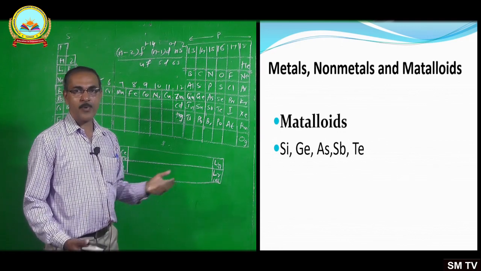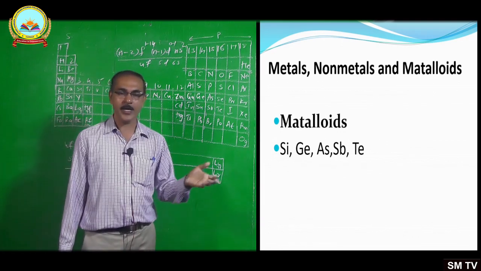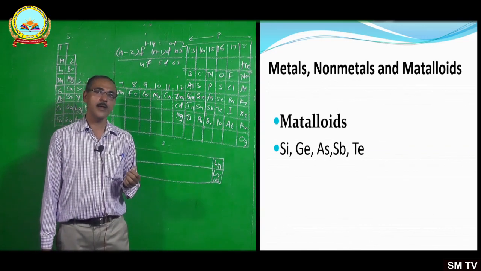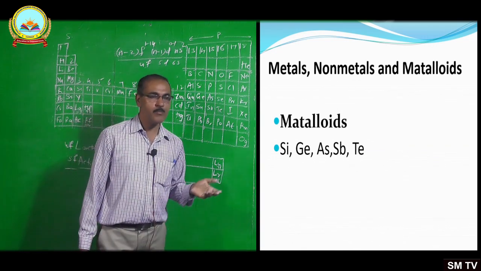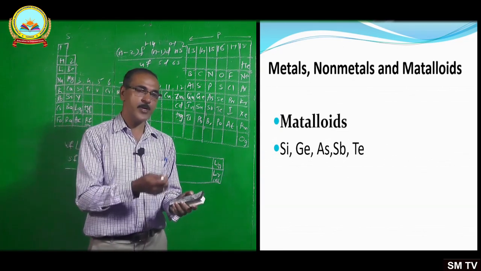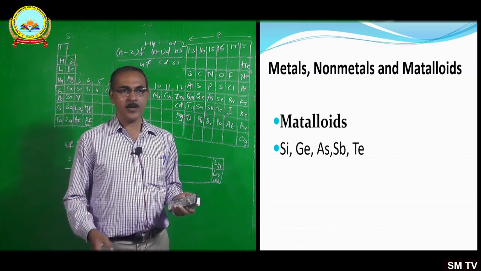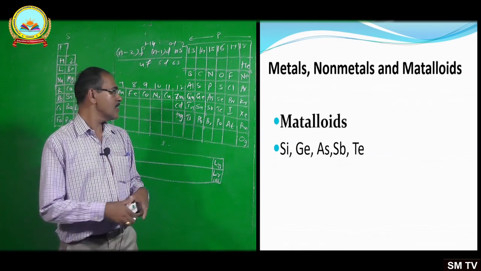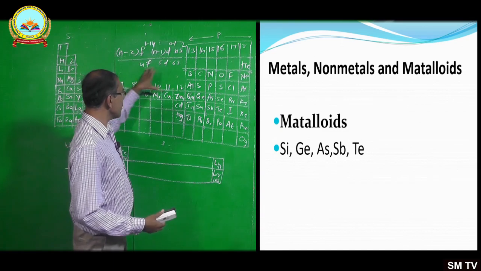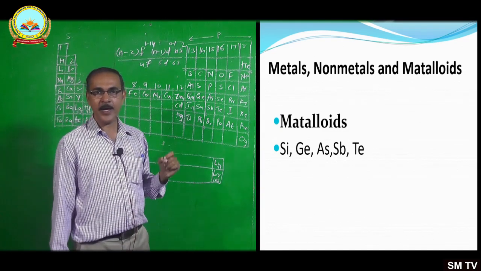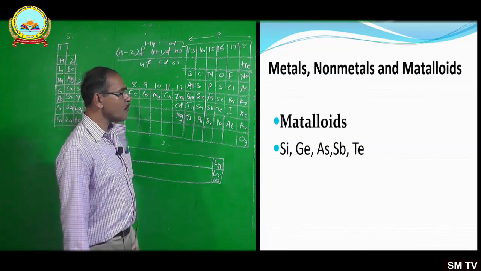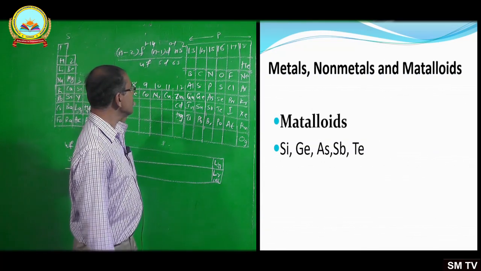You know the metallic properties: metals are good conductors of heat and electricity, they are malleable, they are ductile. Malleable means you can hammer them into plates, and metals can be drawn into wires. Metals are electropositive in character.